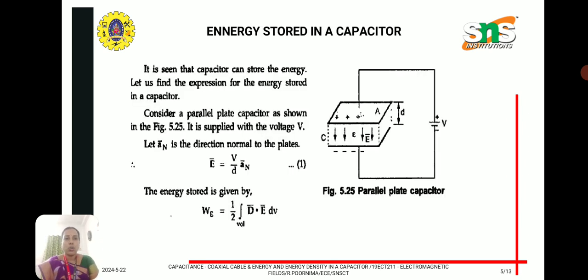The energy stored in a capacitor, for the parallel plate capacitor, is given by 1 by 2 volume integral of D dot E, where D is the electric flux density and E is the electric field intensity.